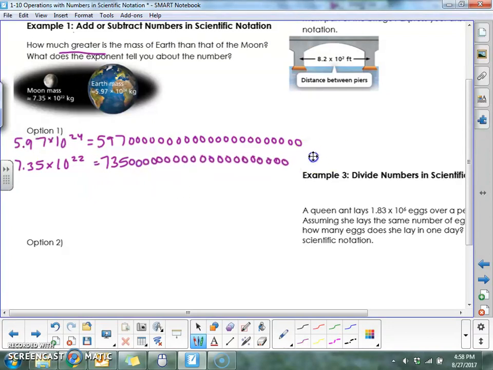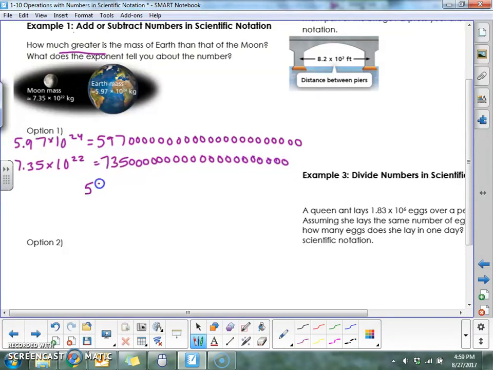Now we need to line these up so that we can subtract them. So I'm going to line them up again by the zeros. So this one has 25 numbers in it, and this has 23 numbers.